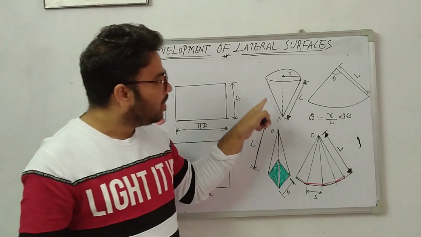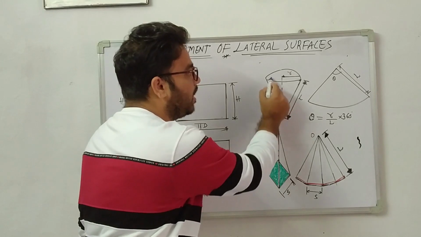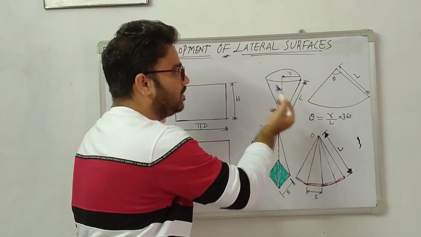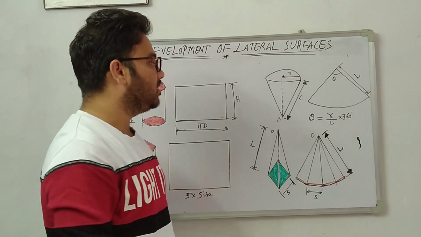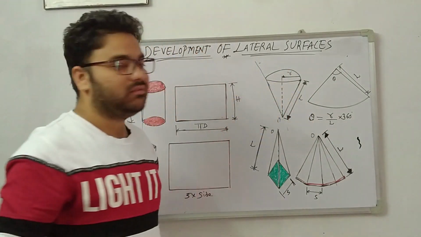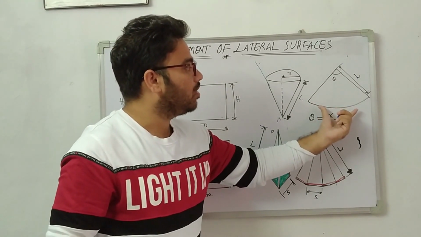Similarly, if you go for the cone, the cone has an apex point. At the same time, the base shape is a circle. Whatever these lines are, the slant edges or generator lines, have a length L. Now I started to cut like this at the extreme point, the extreme line of the slant edge. Now if you open it, this is the shape you are going to obtain.